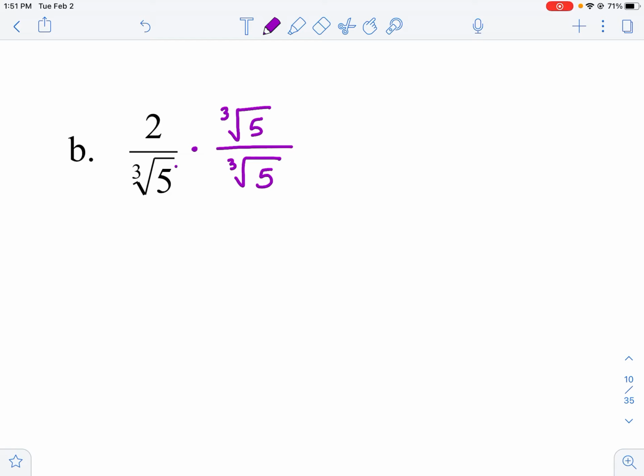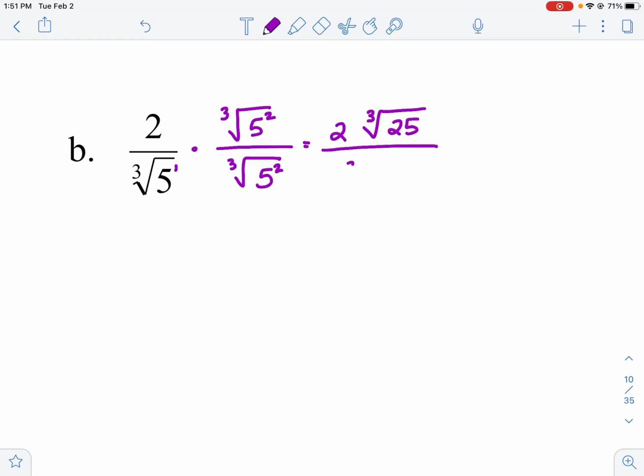So if I have an exponent of 1 here, how many do I need to have? I need 2 more. So that's what I'm going to do here. I'm going to multiply both numerator and denominator by the cubed root of 5 squared. If I multiply straight across and simplify, the numerator becomes 2 times the cubed root of 25.